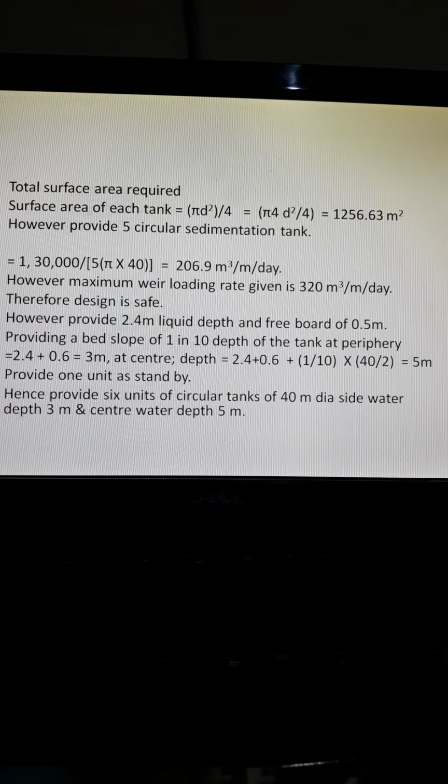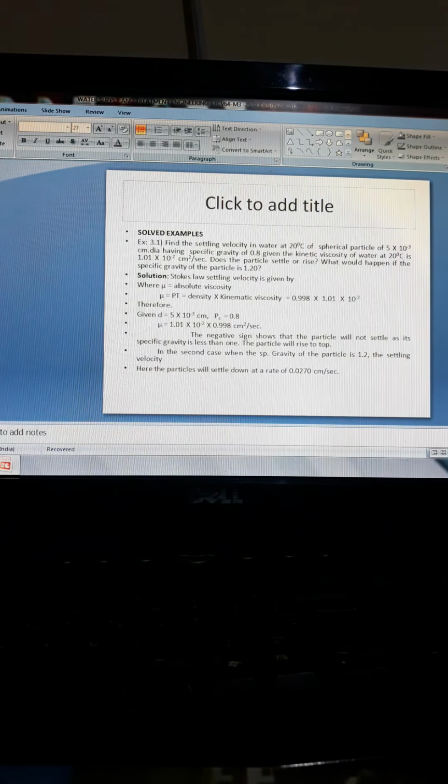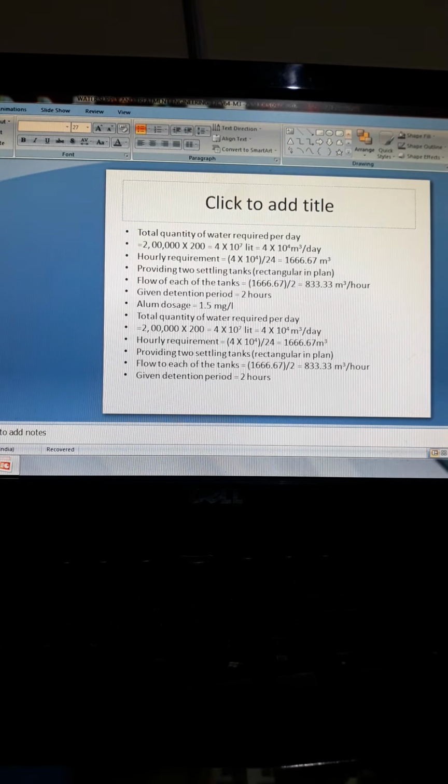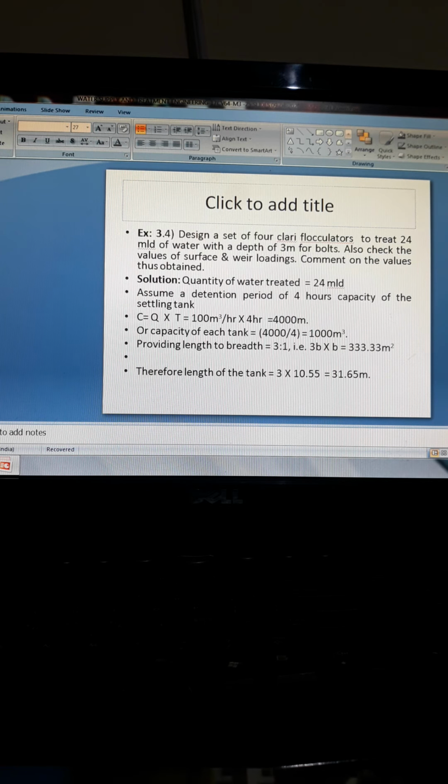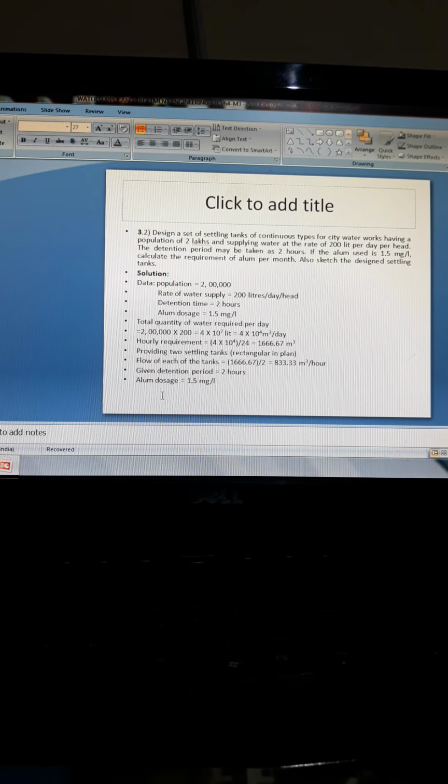Sedimentation tanks may be classified into the fill and draw type and the continuous flow type.